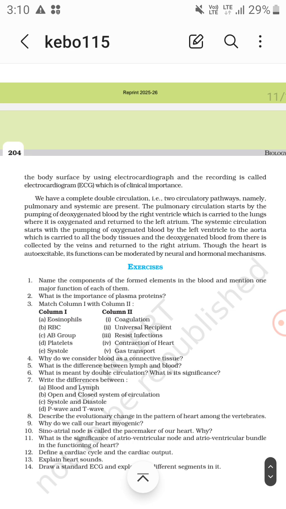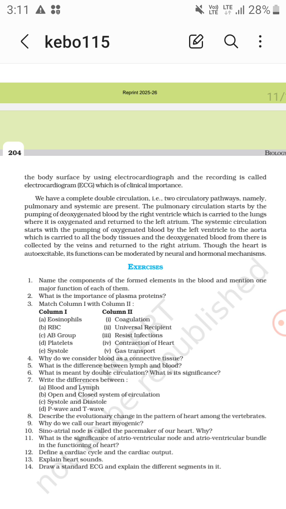Now we have complete double circulation, that is two circulatory pathways, namely pulmonary and systemic. Systemic is for oxygenated blood, and pulmonary contains the deoxygenated blood. The pulmonary circulation starts by the pumping of deoxygenated blood by the right ventricle, which is carried to the lungs, where it is oxygenated and returned to the left atrium.